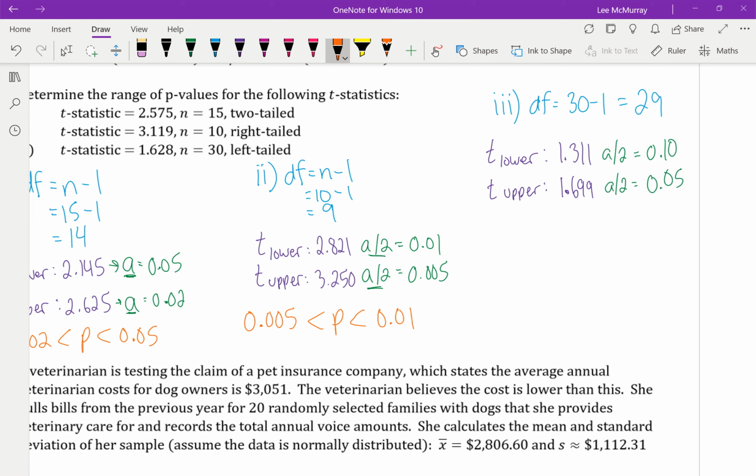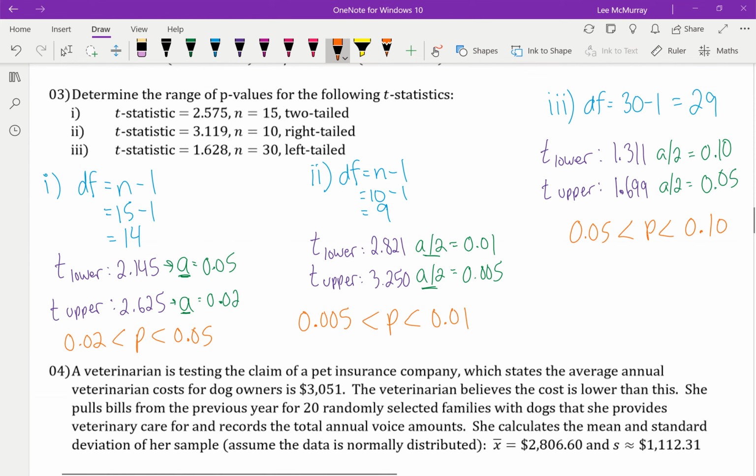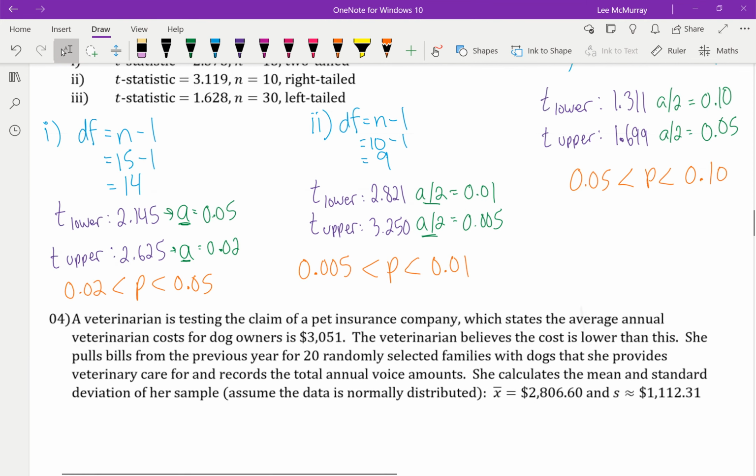Meaning that our p-value falls between 0.05 and 0.10. Okay, so now you know how to determine p-values for t-statistics. So we're going to do that as part of the full hypothesis test as we go through the next example.